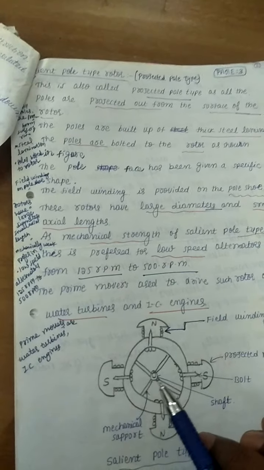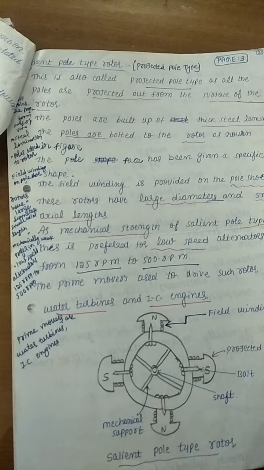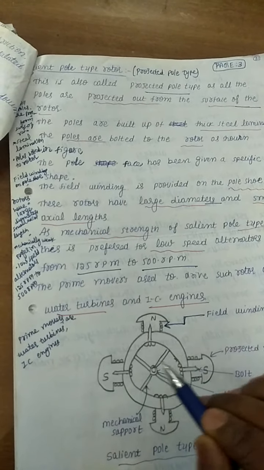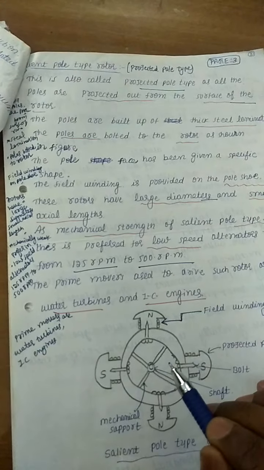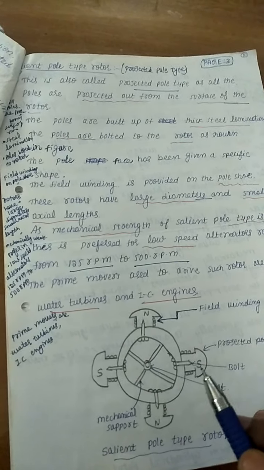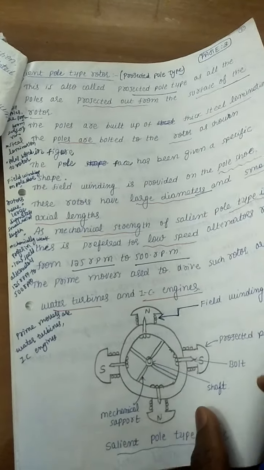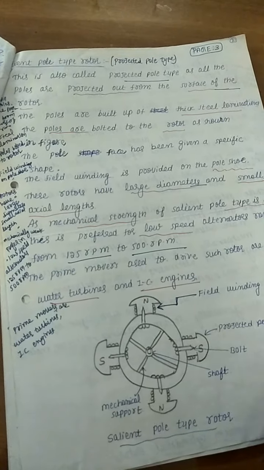Water turbines and IC engines are used to rotate salient type rotors. It is mechanically weak. That's why this one is preferred where we require low speed alternators. Of course, you have a shaft at the center.